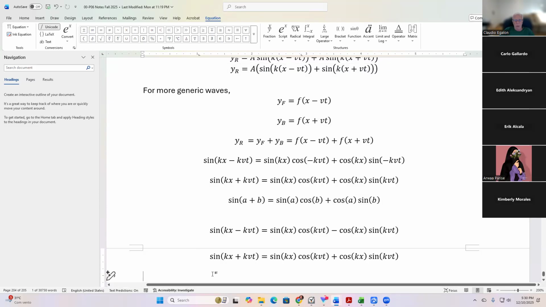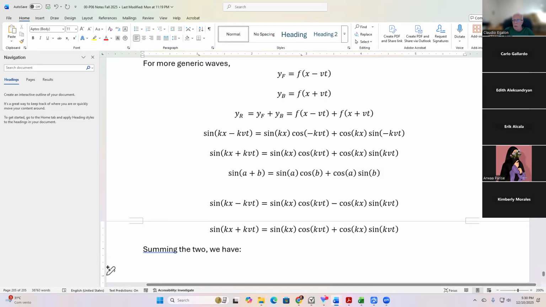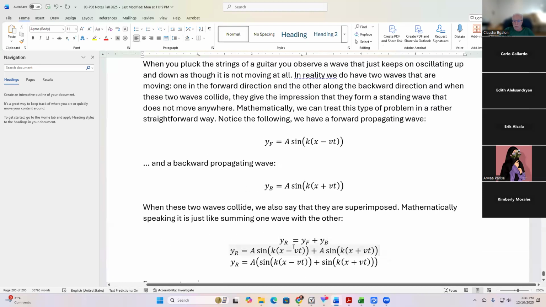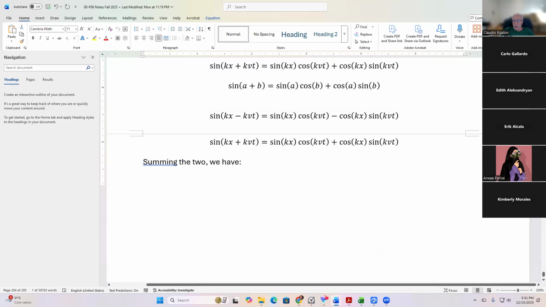So all I have to do is to sum those two. Summing the two we have. Okay, so that's how we treat wave interference.